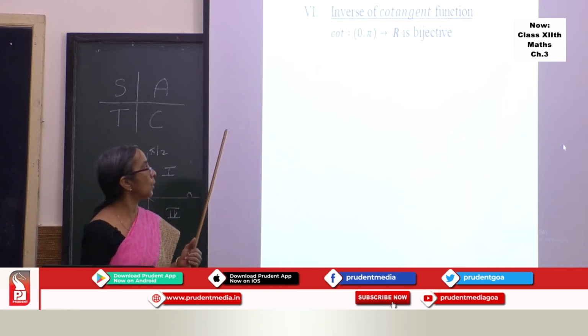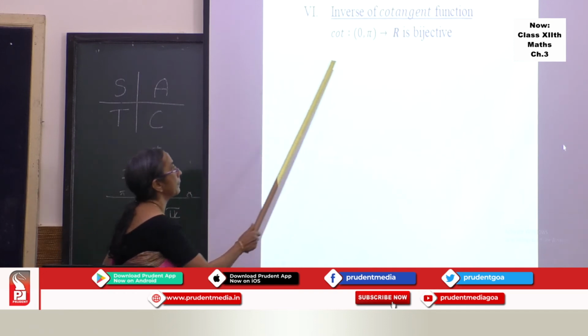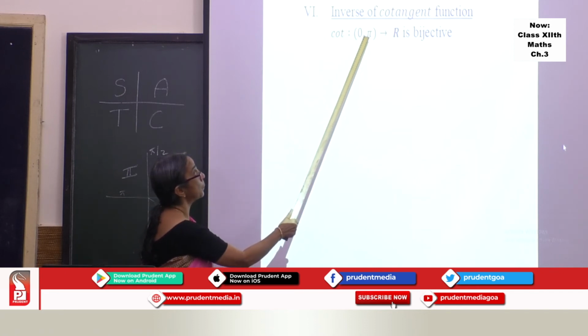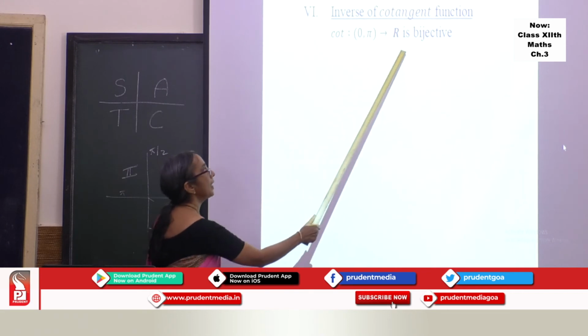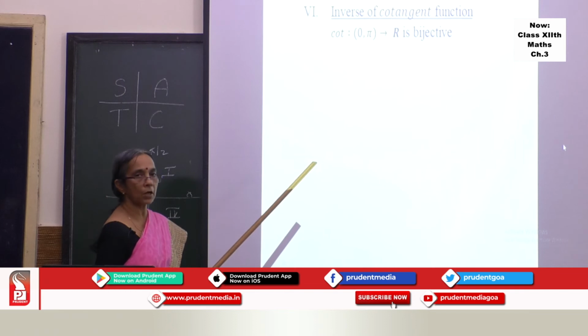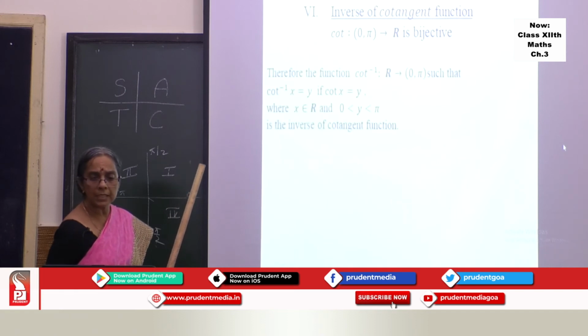Tan function domain was the open interval minus pi by 2 to pi by 2. Cot is the open interval 0 to pi. 0 is not included, pi is not included. And the codomain or range is the set of real numbers. So, it is bijective.